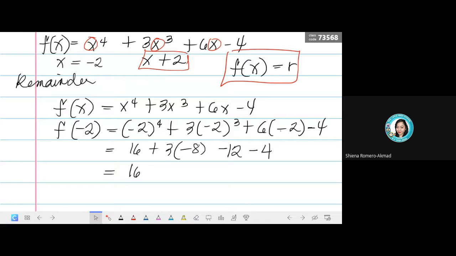Pakitype sa ating income messages. 12 times negative 8. Ay, 3 times negative 8. Mag-message ako sa group natin. Wala akong picture kanina ng mga umattend.